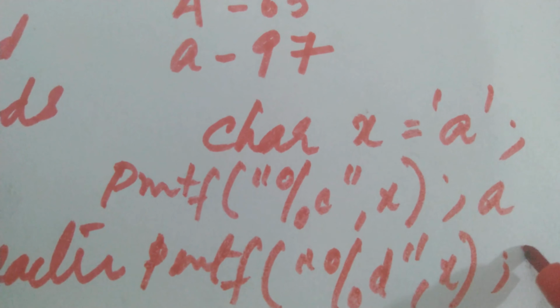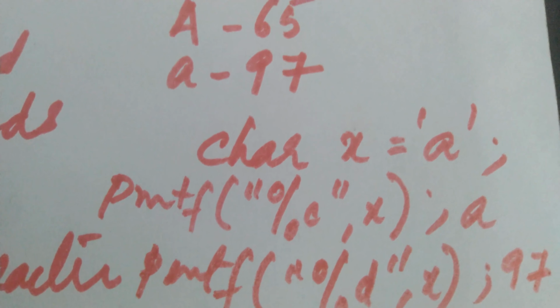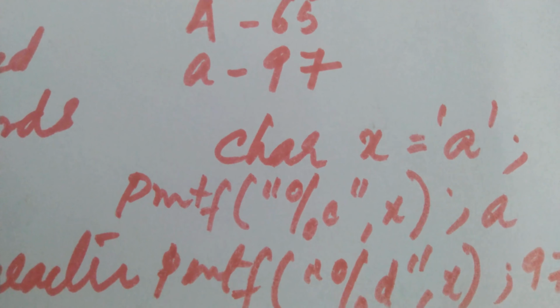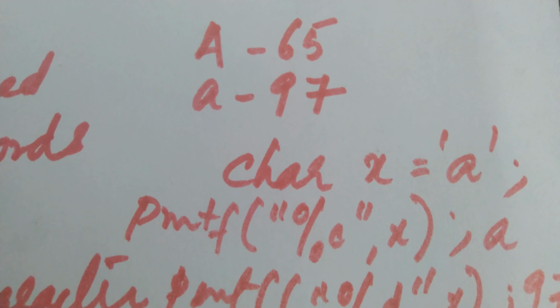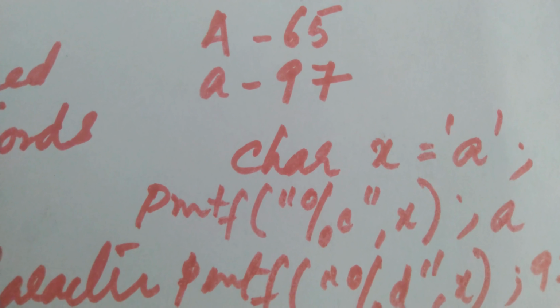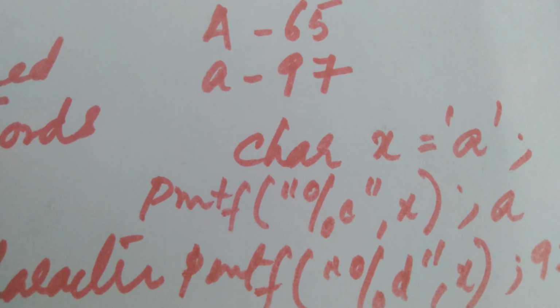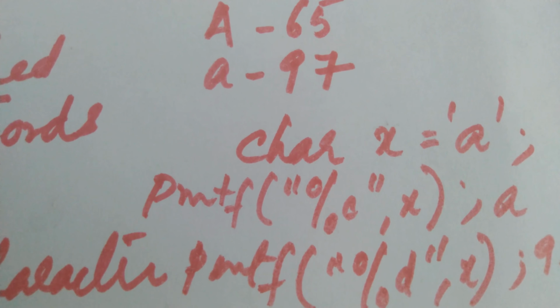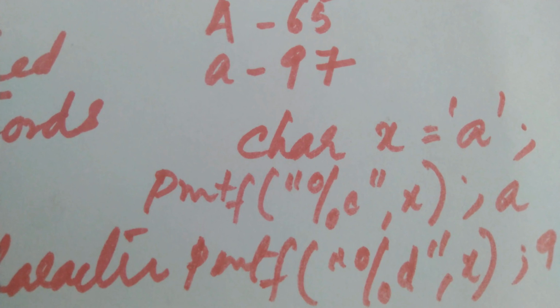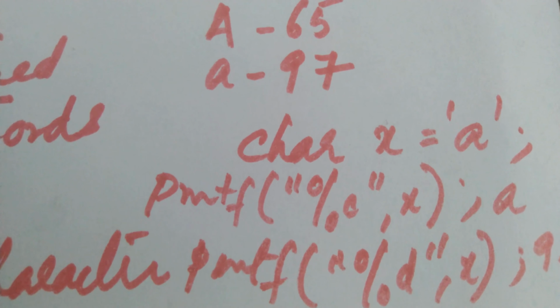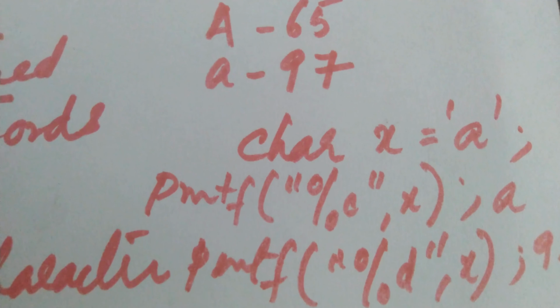The ASCII value of a will be printed. So the important point to note is that, as the character constant holds an ASCII value, it behaves like a numeral, and all the numeric operations can be done on this single character constant.